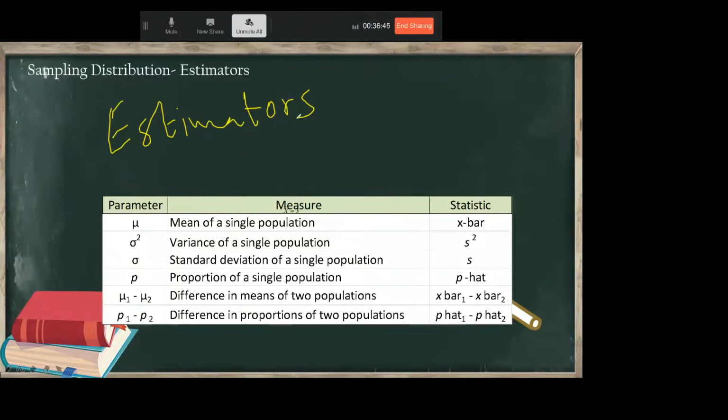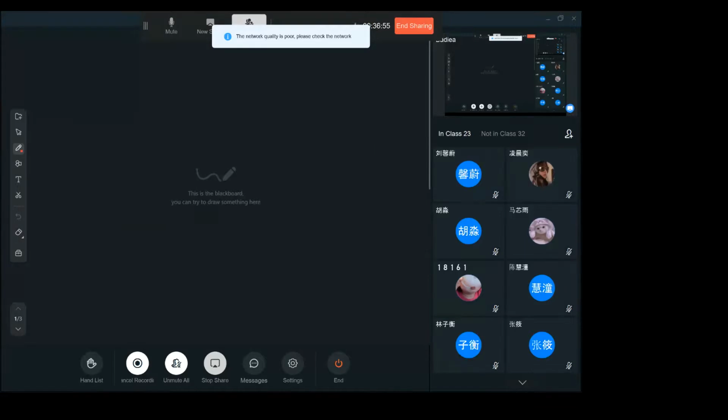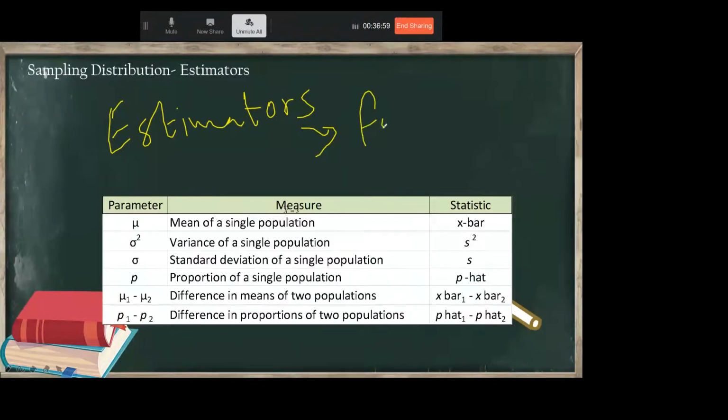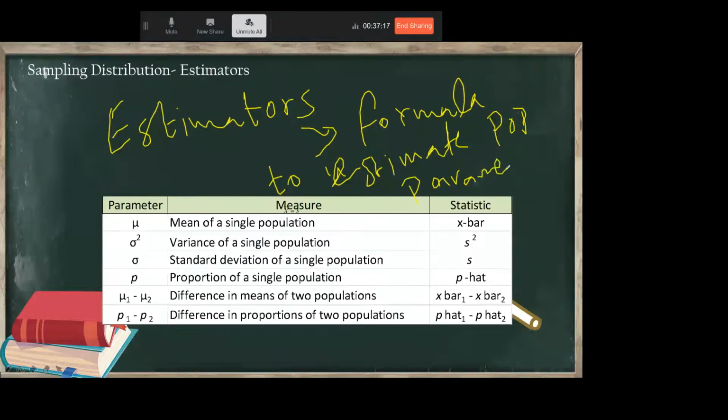So what is an estimator? An estimator is a formula which we use to estimate the population parameter.